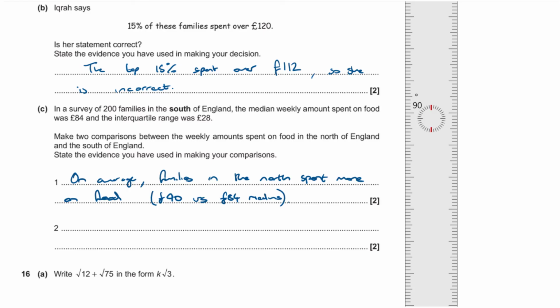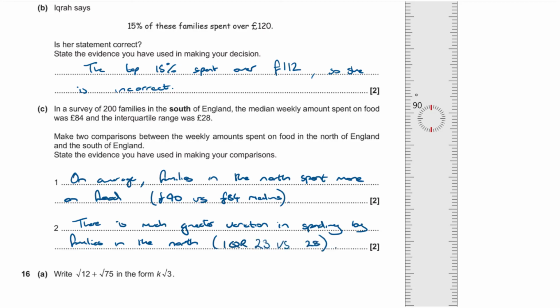So we're going to say that there is much greater variation in spending by families in the north. And then we got that from the interquartile range. Okay, so that's my evidence. So we compared the interquartile ranges and we can say that there's much greater variation in the families in the north.